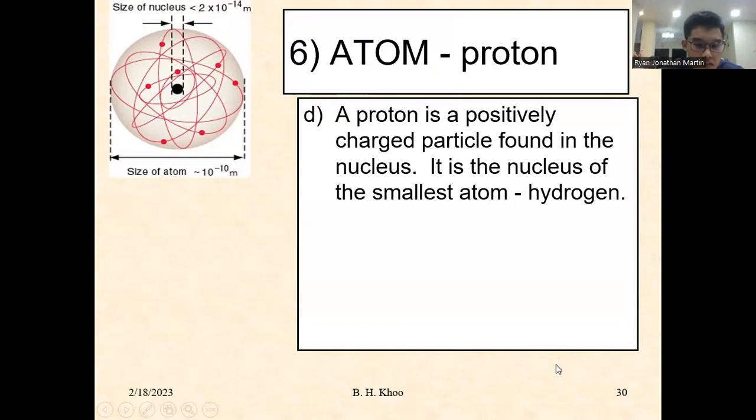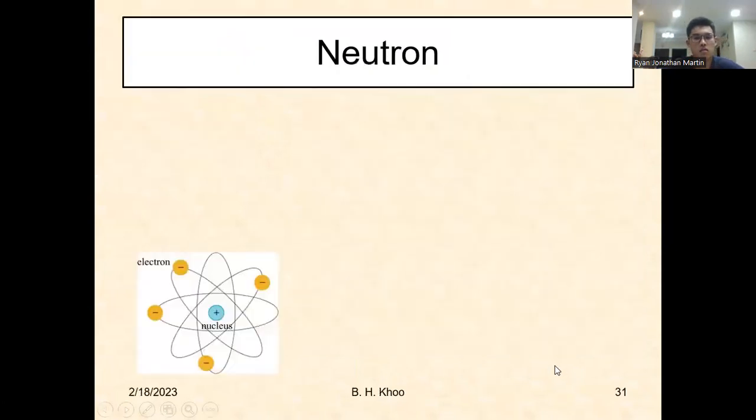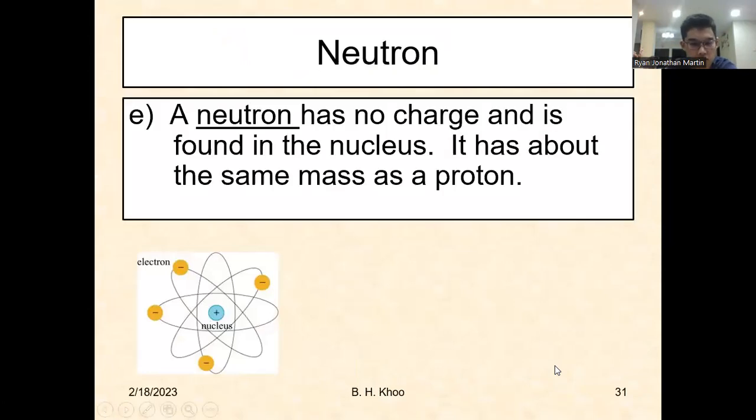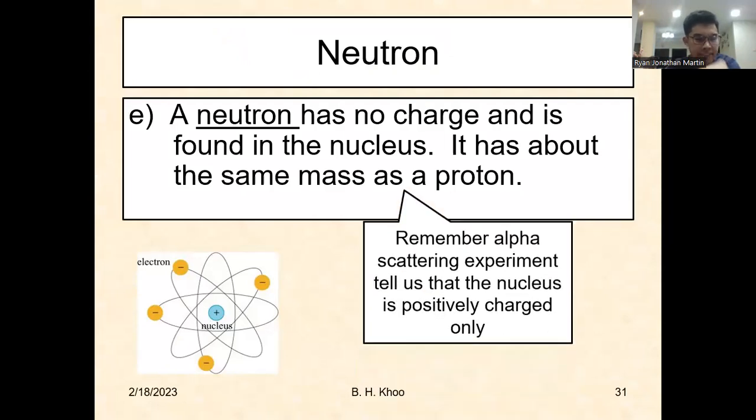It's the nucleus of the smallest atom, hydrogen. Neutron has no charge and is found in the nucleus. It has about the same mass as the proton. Remember that the alpha scattering experiment tells us nothing about what's inside the nucleus. It only tells us that it's positively charged.